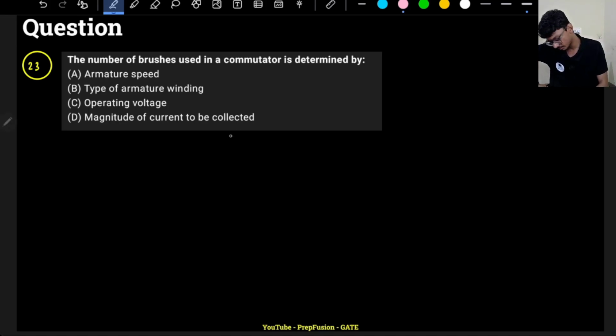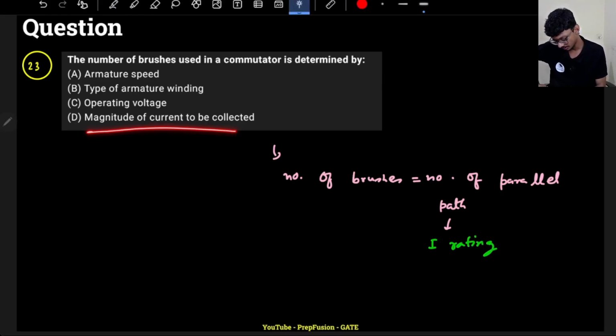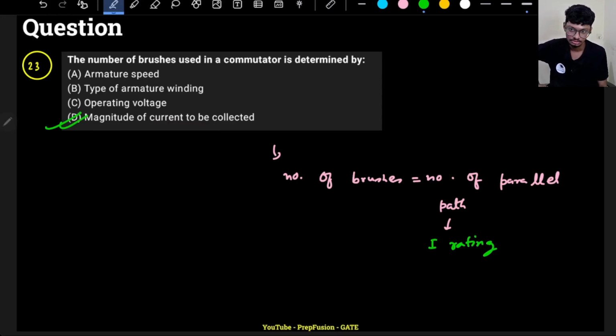The number of brushes will be equal to the number of parallel paths, which depends on the current rating, Ia rating. So basically it depends on how much current I want to collect, the magnitude of the current to be collected. So option D is the correct answer for this question.